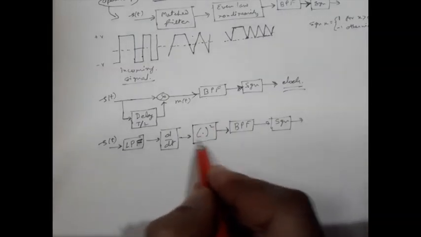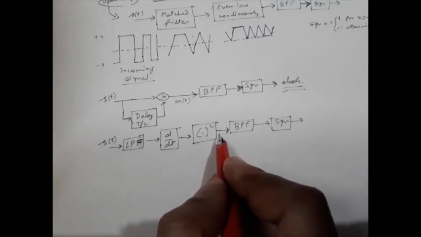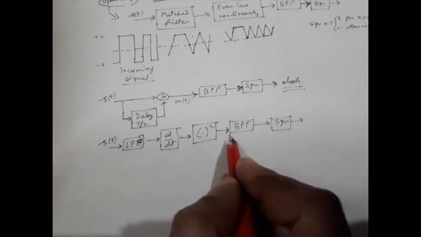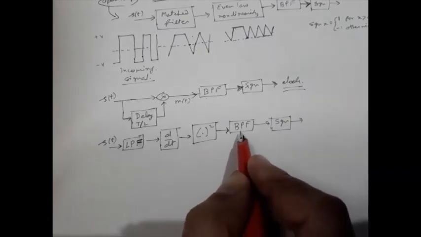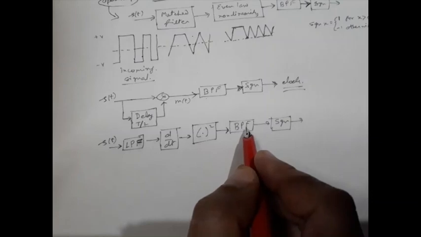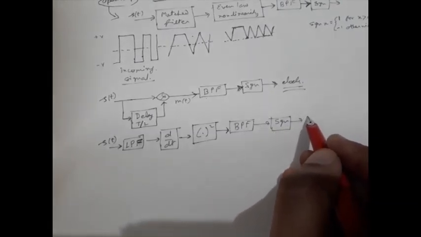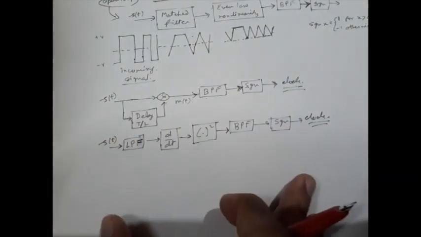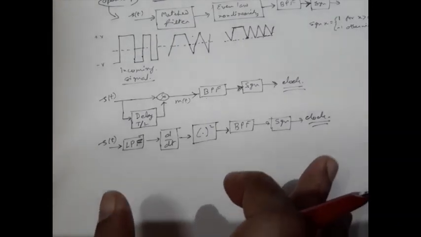So after this square law device or rectifier, we will get a train of impulses at a frequency whose fundamental component is the clock frequency, and that is passed through this band pass filter to isolate the fundamental component, and then the wave shaper circuit will do its job. That means it will produce the clock, it will shape the clock. So these are examples of a few open loop synchronizers.